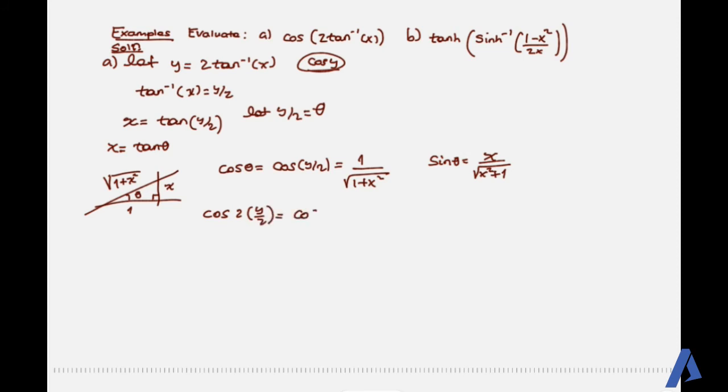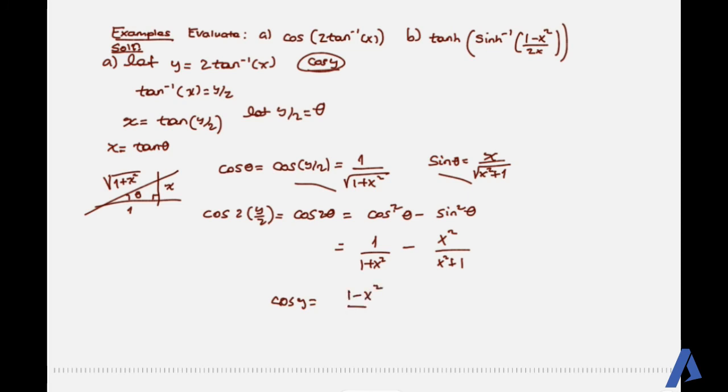which is equal to cos 2 theta። from trigonometric property we know that cos 2 theta is equal to cos square theta minus sin square theta። ስለዚህ theta ማለት cos y over 2 ማለት ነው። cos y over 2 እና sin y over 2 አለን እዚህ ጋር ከራይት አንግል ትራያንግሉ ዲተርማይን አድርገናል። ስለዚህ 1 square over 1 plus x square minus x square over x square plus 1 ስለዚህ cos of y is equal to 1 minus x square over x square plus 1.